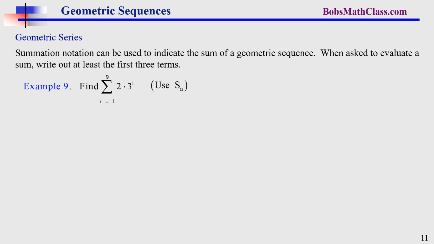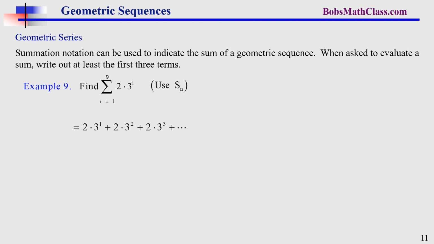Okay, so let's start with I equals 1 and plug in I equals 1 and then I equals 2, maybe I equals 3. So that's 2 times 3 to the power 1 plus 2 times 3 to the power 2 plus 2 times 3 to the power 3.